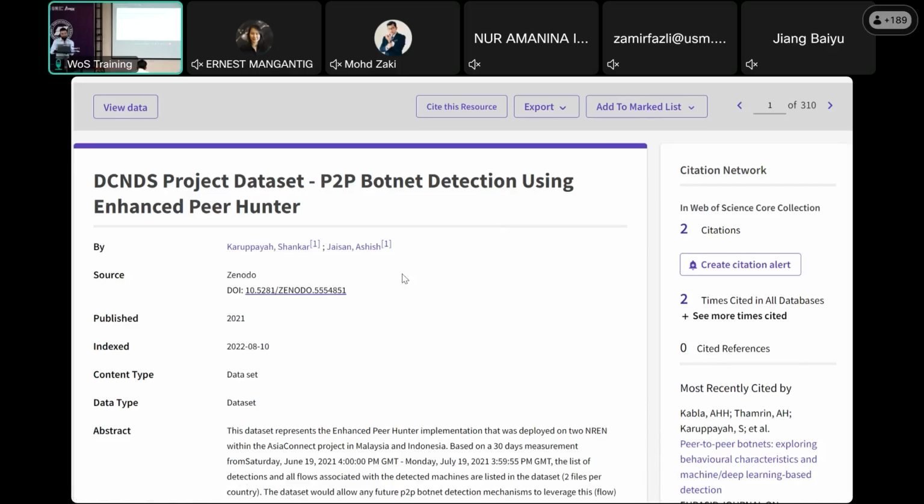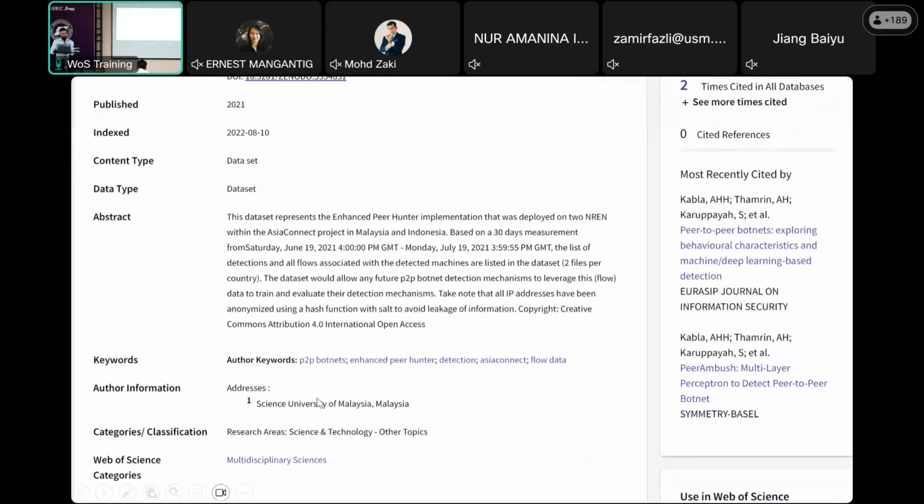It also has an abstract and keywords. This is how we named the University of Science Malaysia in this data set. If that's not how you like to be seen on the Data Citation Index, that's something we can change, because as I understand, that's the English translation of the term University of Science Malaysia. But that's also possible.